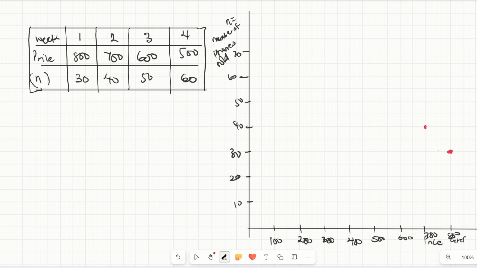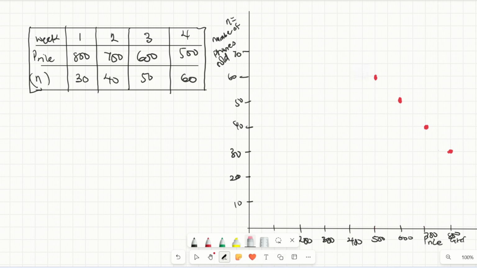Then 600, which goes with 50: 600 here, 50 here. You must carefully plot them so that you don't put them at the wrong place. And then we have 500 and 60: 500 here and 60 here.